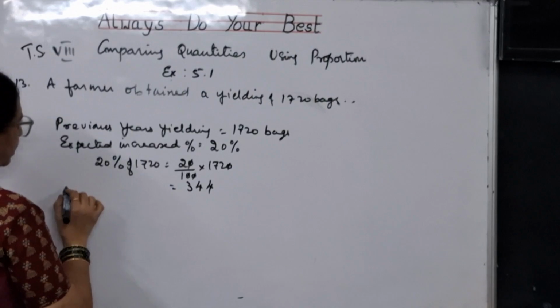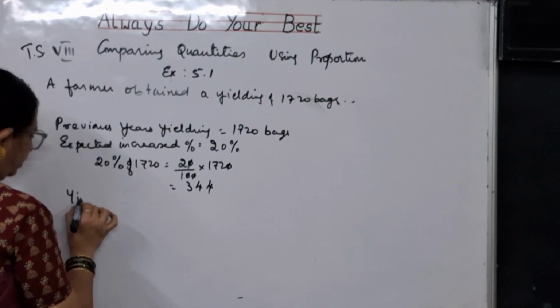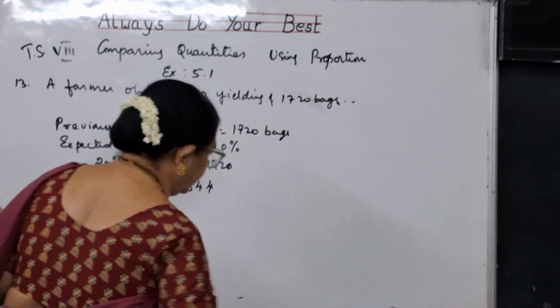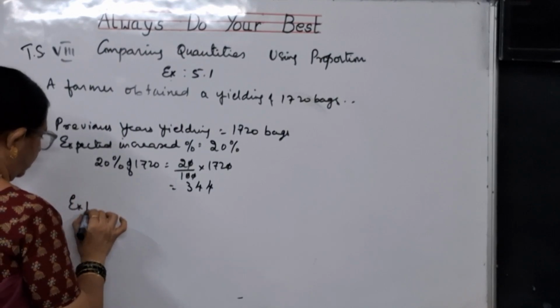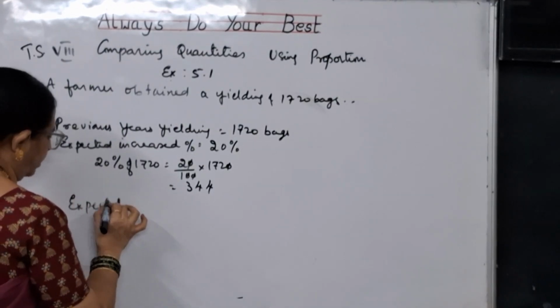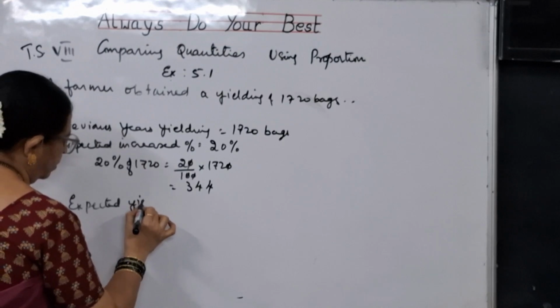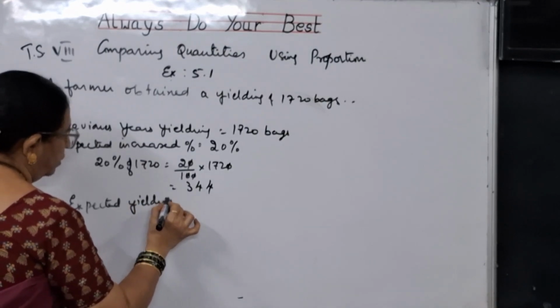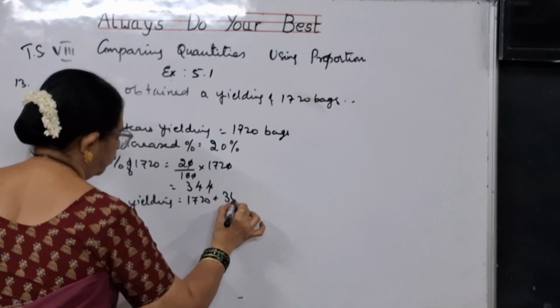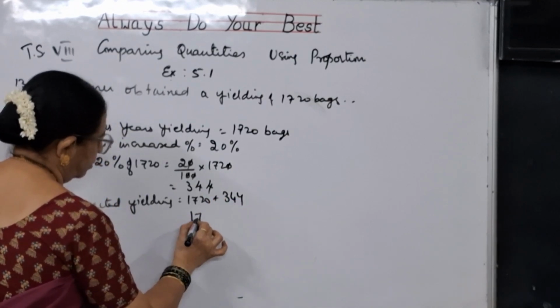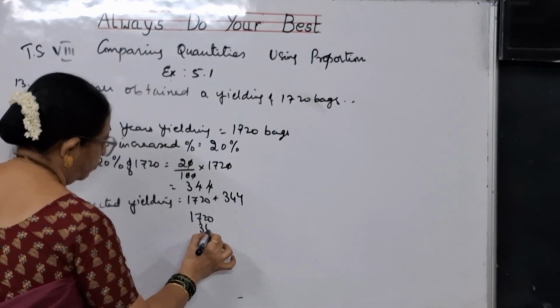So what is the expected yielding? Expected yielding is nothing but 1720 plus 344.